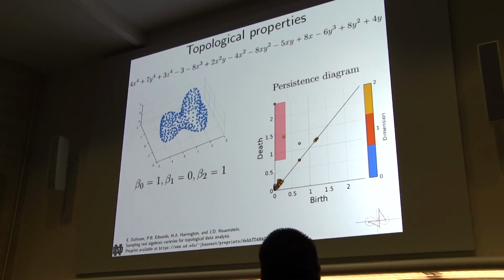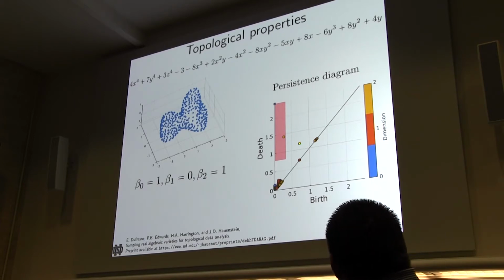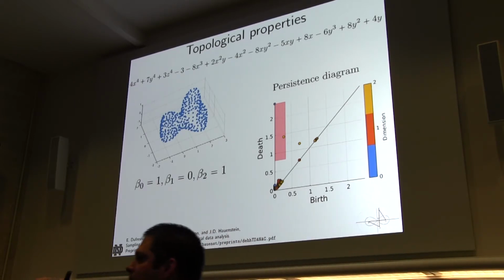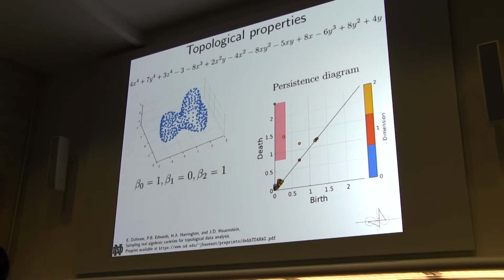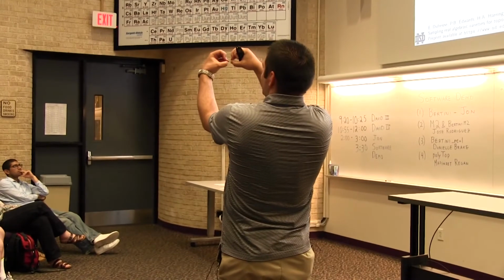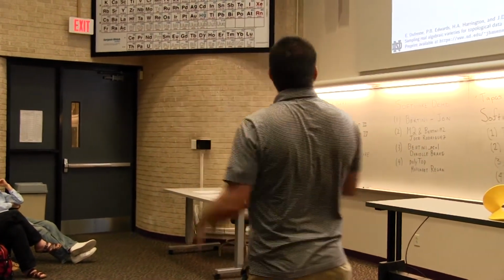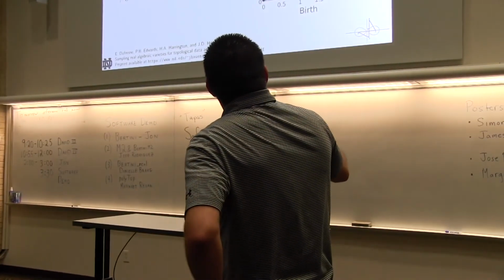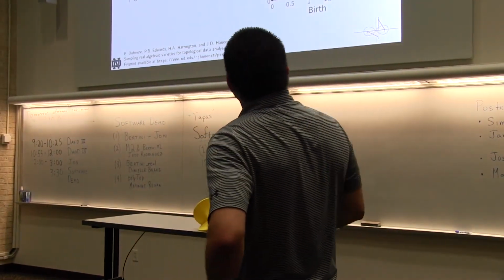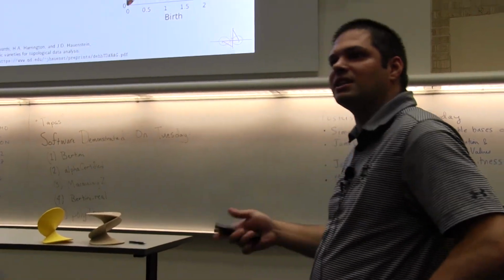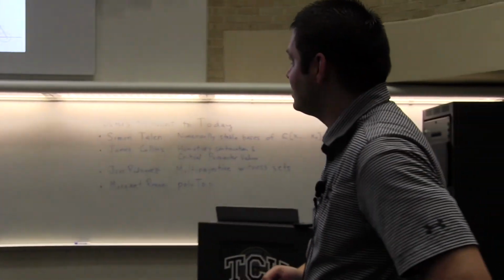But we have a theorem that says if I'm in here, I know it exists. What does this correspond to? This kind of looks like a dumbbell shape. It sort of looks like two voids, and then those two merge into one, and that's where this one dies. So you might just look at this and say, oh, there should be 2 in dimension 2, but it's not actually in our theoretical region, so it doesn't actually exist.